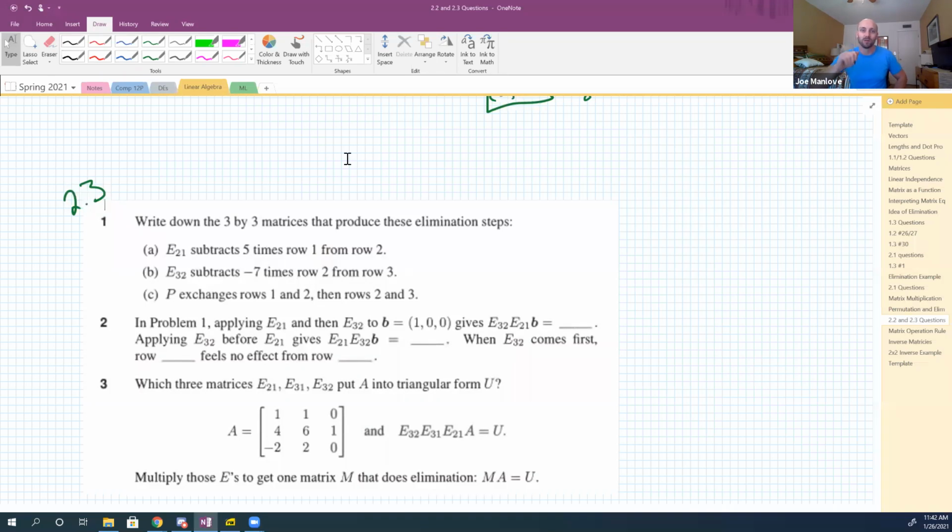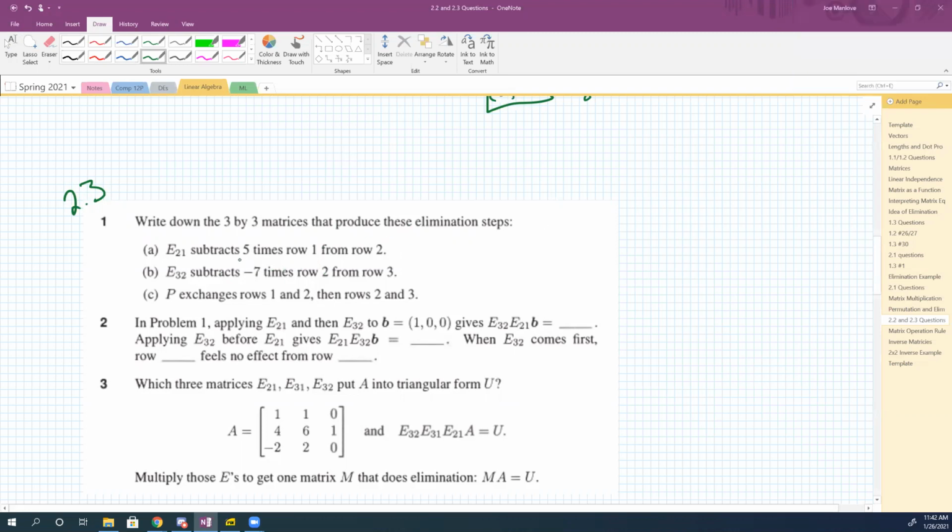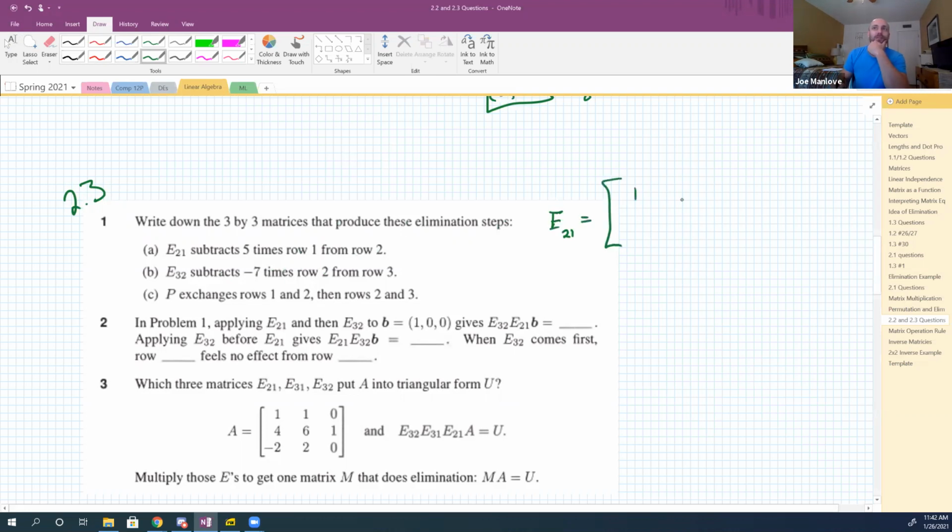Okay, so how do I do that? All right, let's check. So I want to subtract 5 times row 1 from row 2. So I'm going to start with the idea that E21 is the matrix that just leaves everything alone.